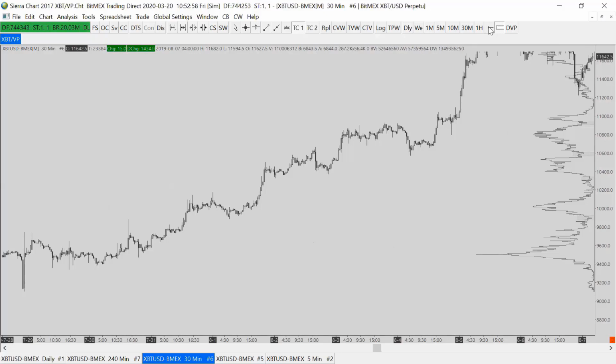And the HVNs in red. And then we'll just watch how price interacts around those levels as price breaks back down through this area.